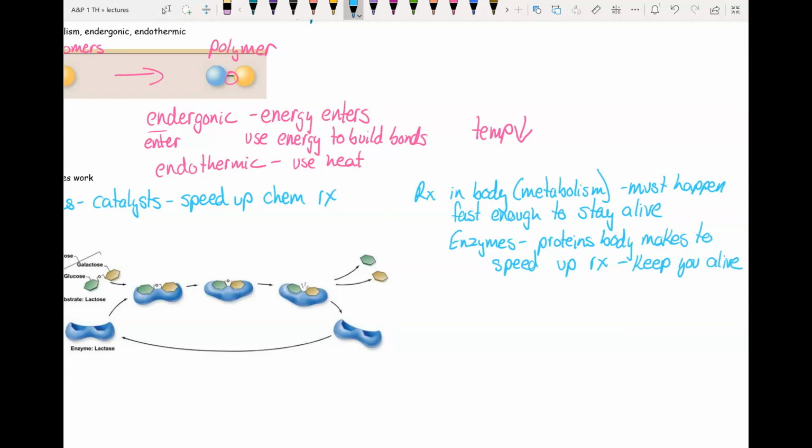So we're going to look at enzymes and how they work. And it's important to keep in mind that they are proteins. Remember, proteins function based on shape.